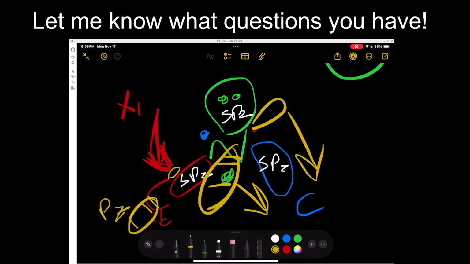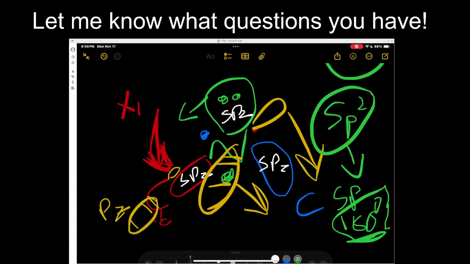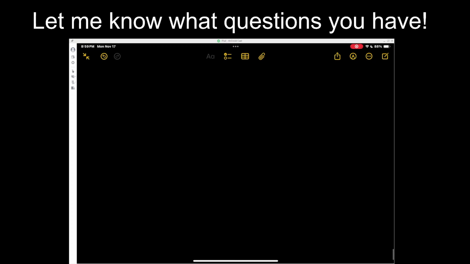If I was to unhybridize this from sp2 and hybridize it to sp, I would need to bond into this carbon using one of its p orbitals. But my pz is already aligned with my other pz. So that lone pair is in an sp2 orbital, and if it was to hybridize, it would go into an sp orbital, causing significant angle strain in that ring, or just creating a resonance structure that doesn't seem to make a lot of sense.